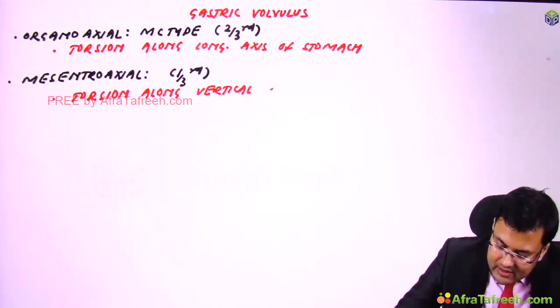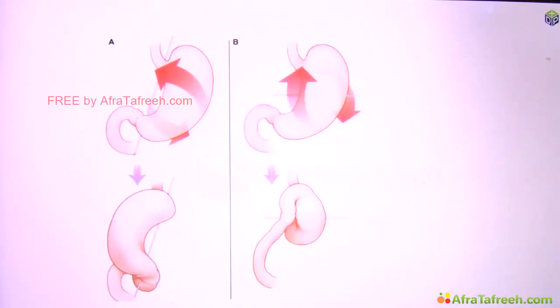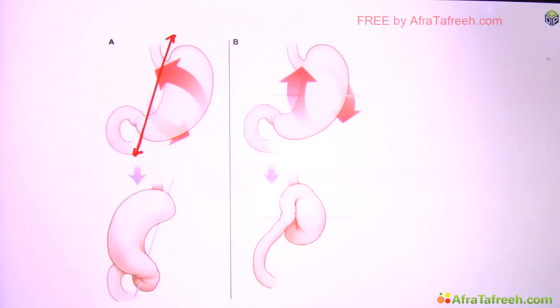Now see this picture and see which one is organoaxial and which one is mesenteroaxial. This is along the axis of stomach, longitudinal axis. So can you see this is the organoaxial and this is along the vertical axis. So this is mesenteroaxial.